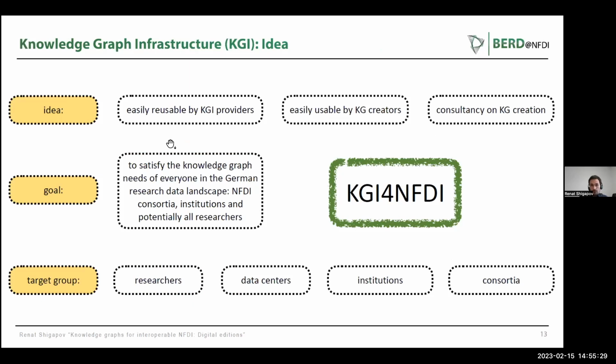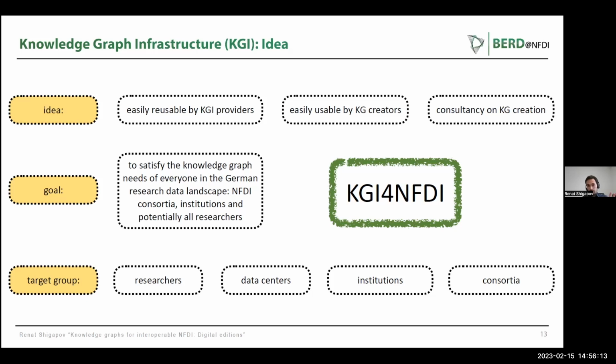First of all, such a knowledge graph infrastructure should be easily reusable by providers of this infrastructure. As providers, we think about data centers, institutions, consortia. Secondly, it should be easily usable by knowledge graph creators. So every researcher, let's say in digital humanities, who wants to create a knowledge graph for a register of entities in a digital edition can easily use such an infrastructure and create a knowledge graph.